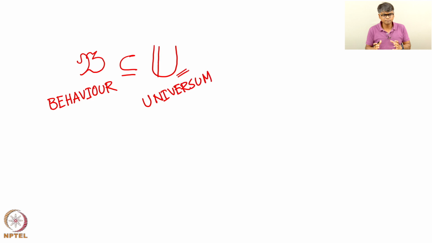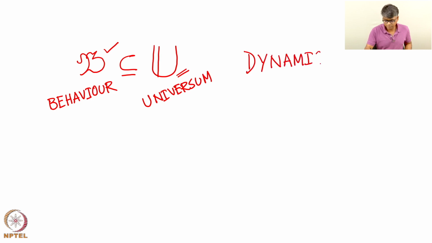Then we look at the system and we apply the laws of physics that restricts the possibilities to a subset, and that's the behavior. The kind of system that we are interested in throughout this course are the so-called dynamical systems, where the variables are functions of time.